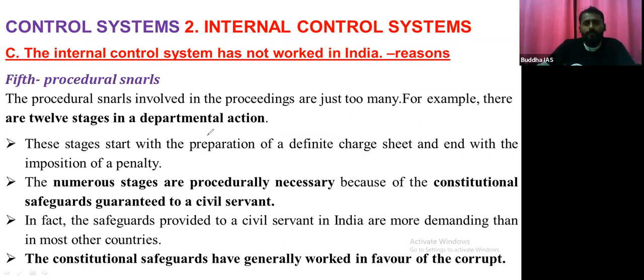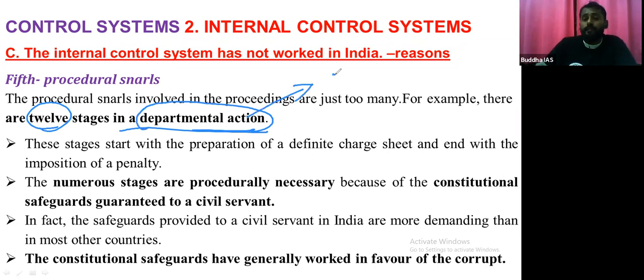The procedural snares involved in the proceedings are just too many. Snares means hindrance or slow movement, snail-pace kind of things. For example, there are 12 stages in the departmental action. Here, it is not with respect to the judiciary.